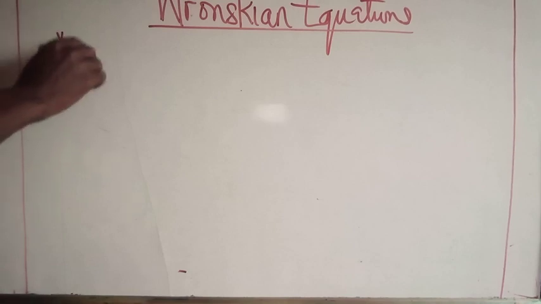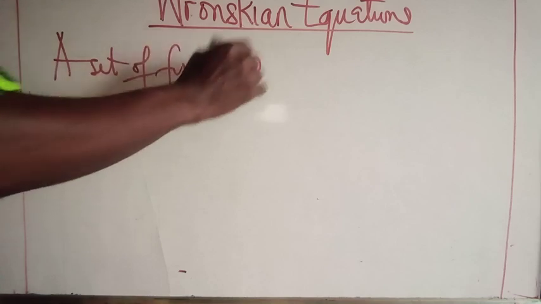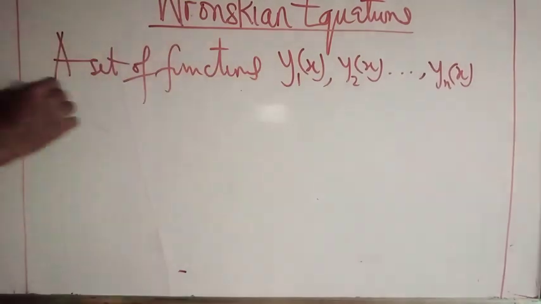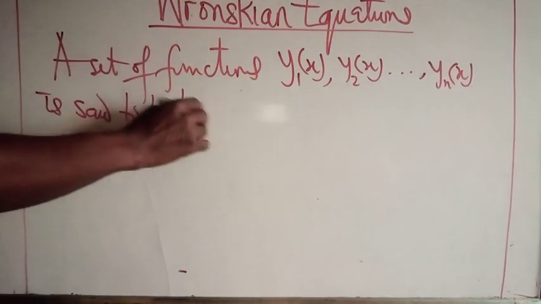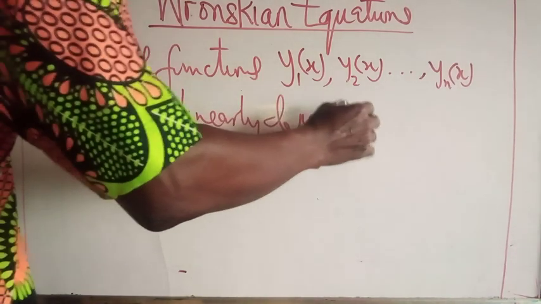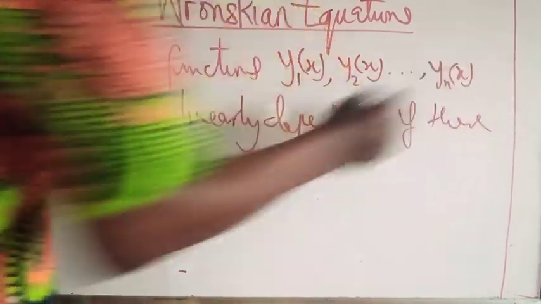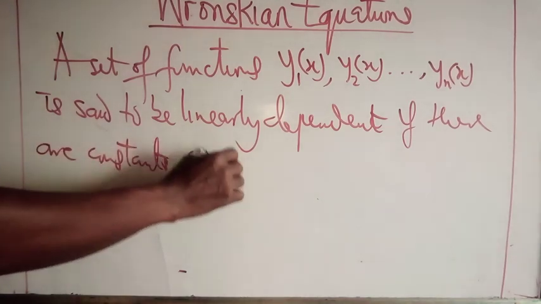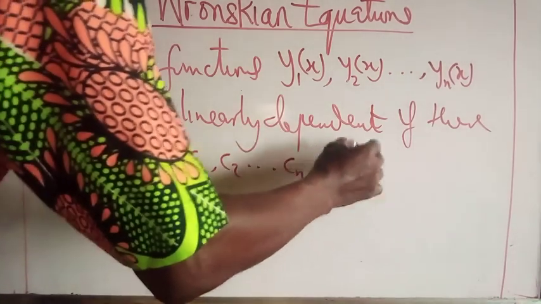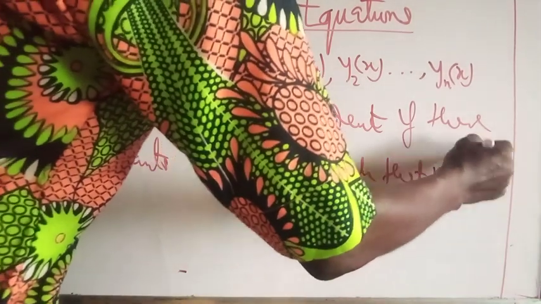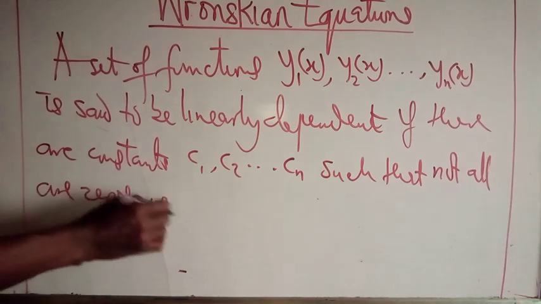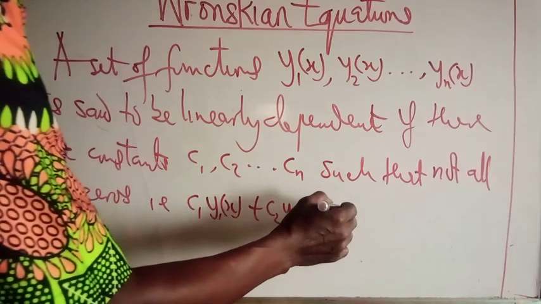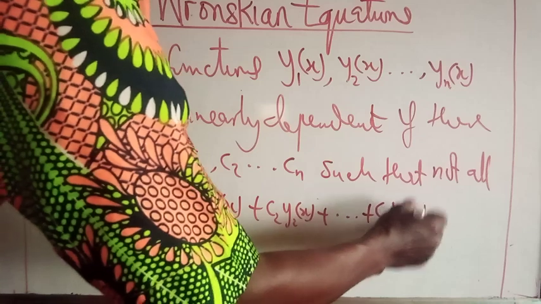Let's write that. A set of functions y1 of x, y2 of x, till yn of x is said to be linearly dependent if there are constants C1, C2 to Cn, not all of them zeros, such that C1 y1 of x plus C2 y2 of x plus ... plus Cn yn of x is equal to 0.